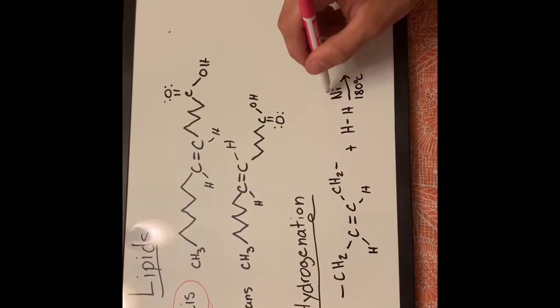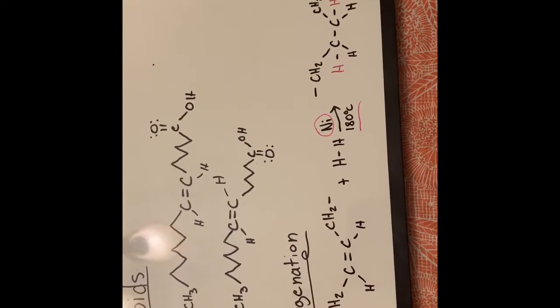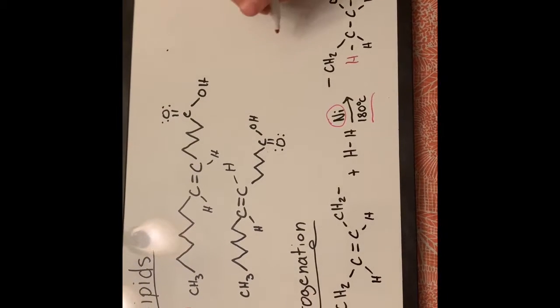This happens when you have the cis and then you add hydrogen plus a transition metal catalyst such as nickel at 180 degrees Celsius. What this is supposed to do is saturate the fatty acid completely, and saturated fatty acids will have stronger intramolecular forces.